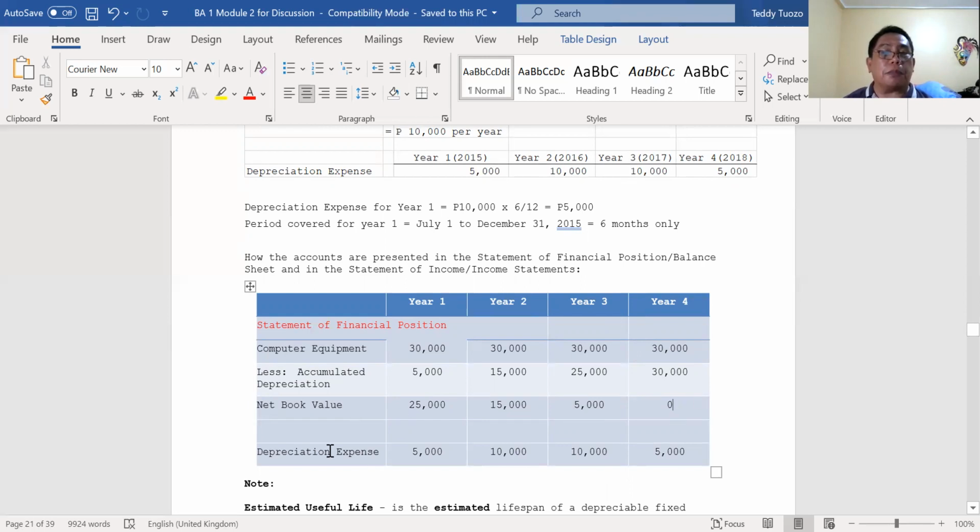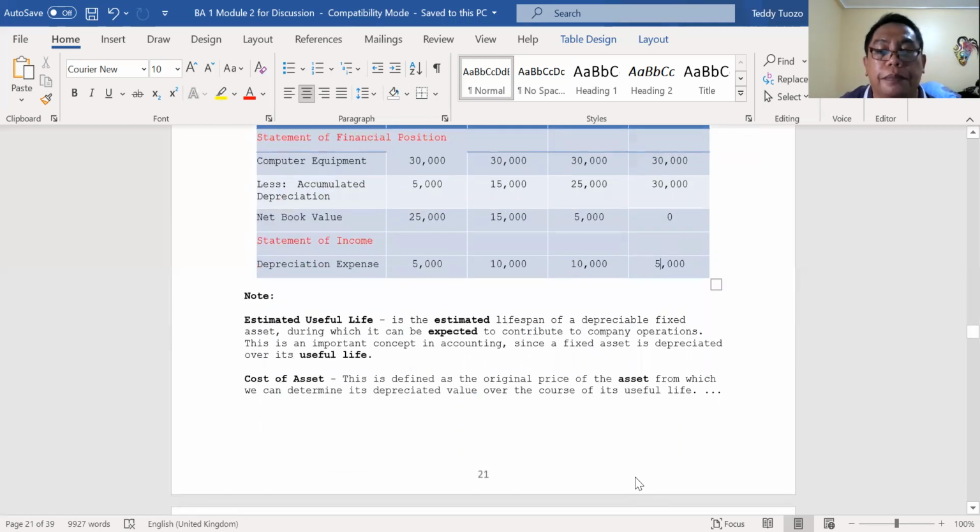But the depreciation expense based on the statement of income is now 5,000 for year 4. So that is how we present the depreciation expense and the asset account, the computer equipment, and accumulated depreciation in the statement of financial position.